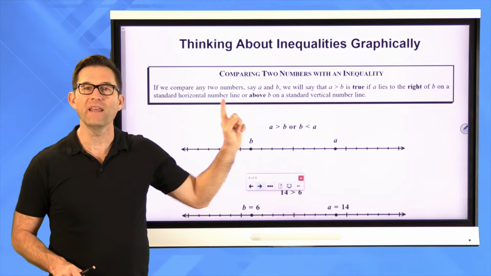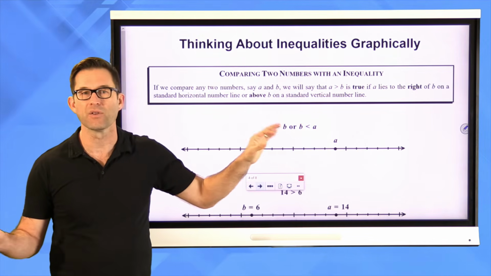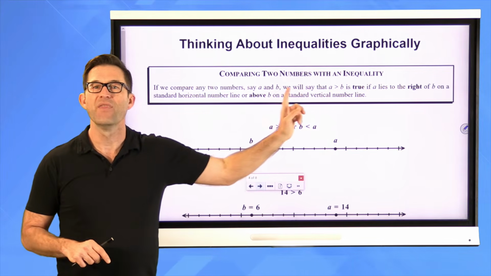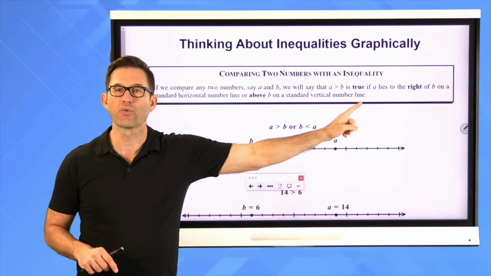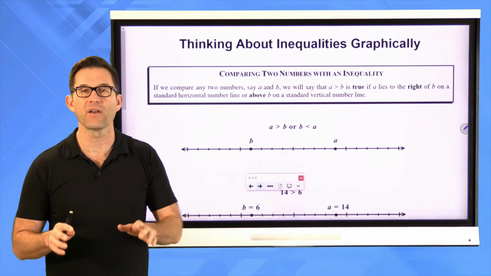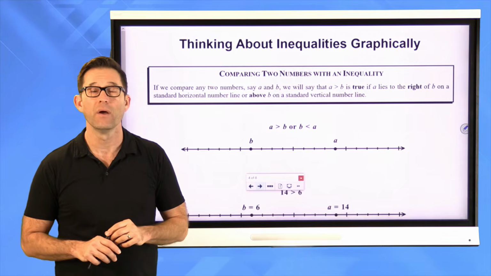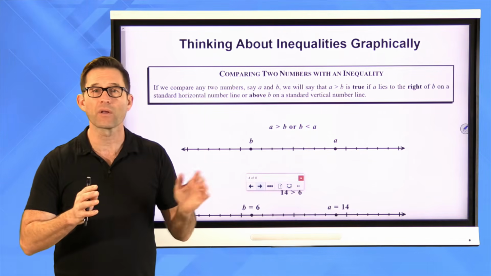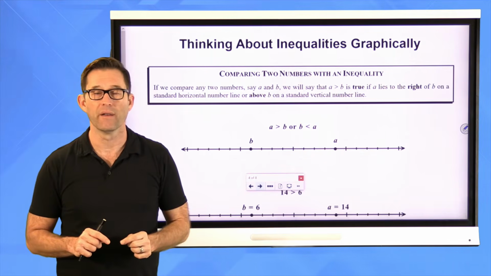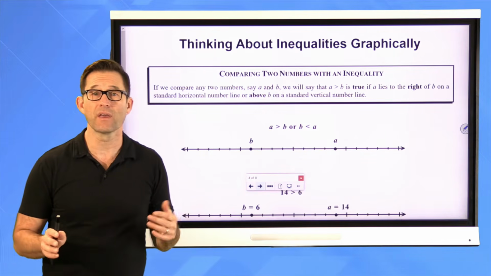If we compare any two numbers, let's call them A and B so that we don't get wrapped up in whether they're positive or negative, then A is greater than B is true if A lies to the right of B on a standard horizontal number line, or if the number line was turned vertically, A lies above B on the number line. So it's simply an issue of thinking about where they lie.